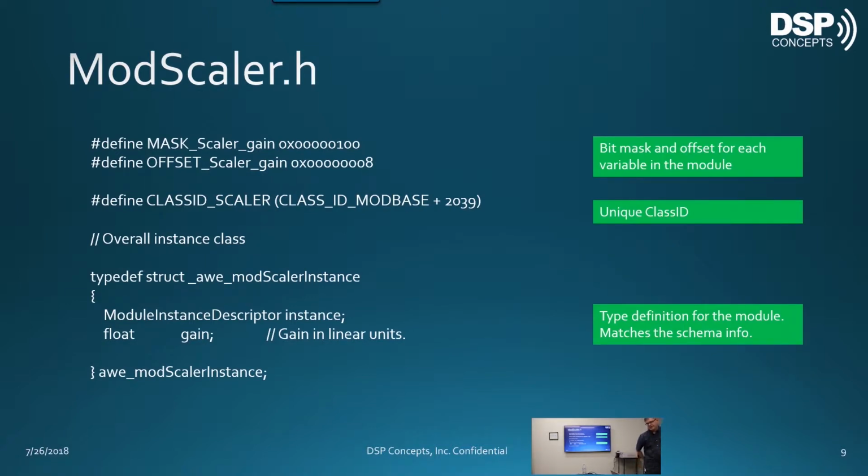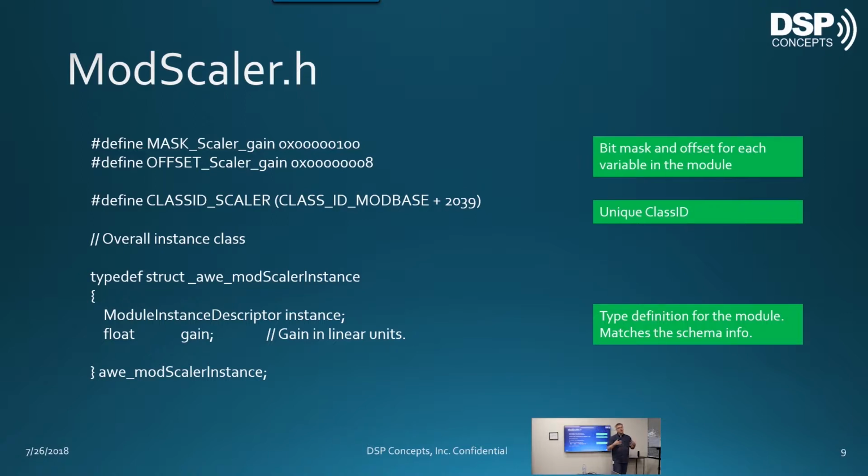So based on the information that we gave it, when I generate the files, MATLAB is going to generate the following header file. I'm going to start out by saying that this is essentially the instance descriptor for the scalar module. It has a common header called instance here.